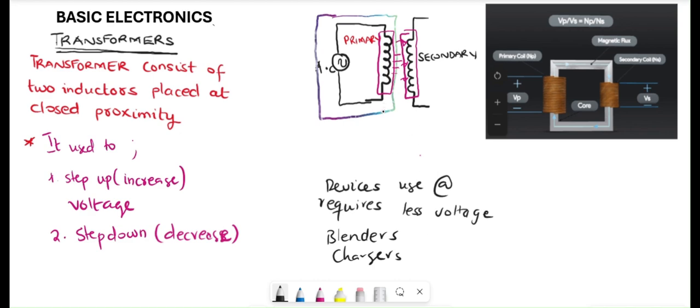Now you see that your house is connected to a local grid, and the local grid is connected to a national grid. So let's take Ghana for instance. Most of our electrical power is coming from the Akosombo Dam.